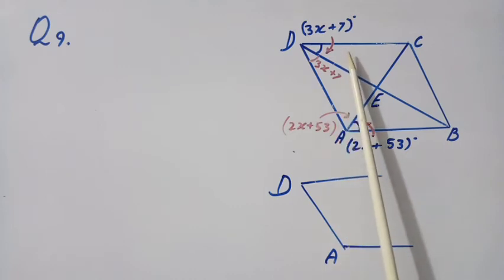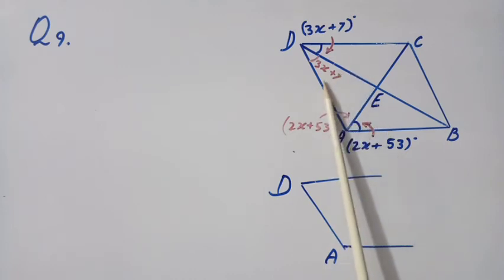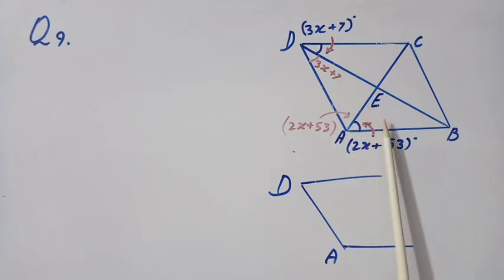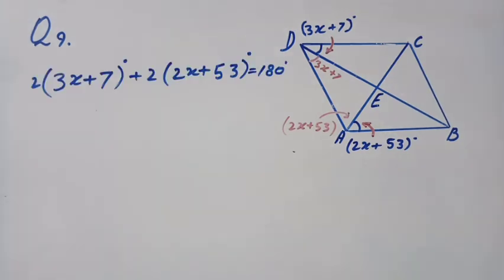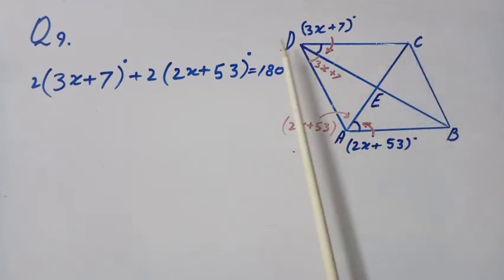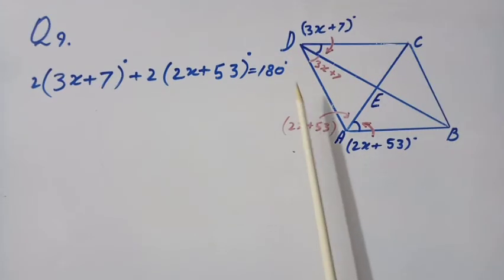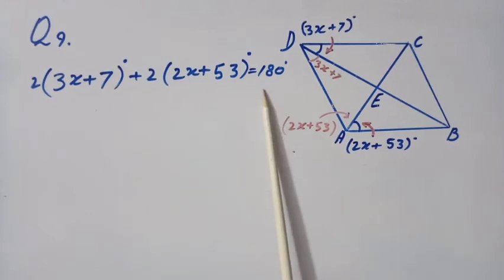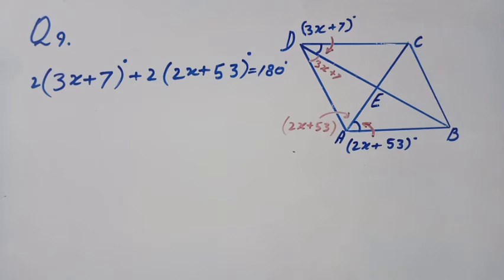So the whole angle at point D plus the whole angle at point A is equal to 180 degree because of interior angles. This way, the sum of these two angles CDA and DAB is equal to 180 degree because of interior angles.